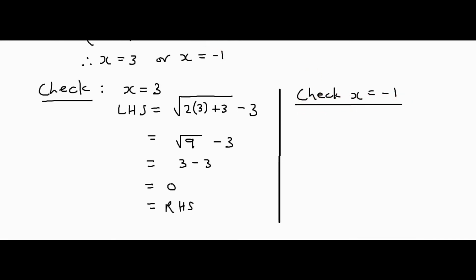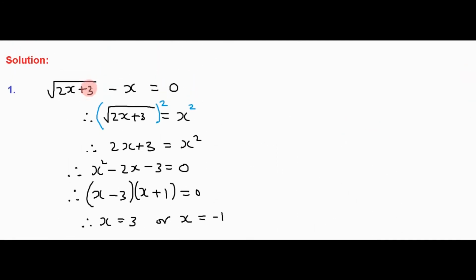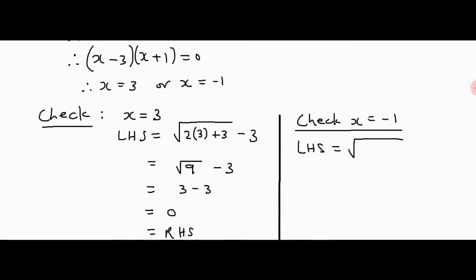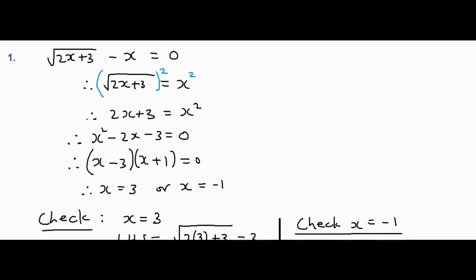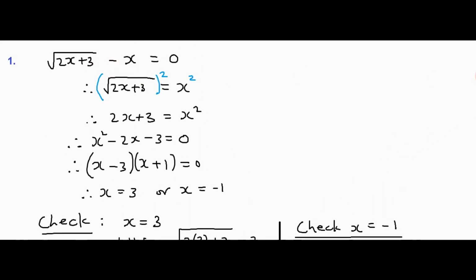And once again, we plug into the left-hand side of the original equation. So it's going to be, we had 2x plus 3 under the square root. So the square root of 2 times negative 1 plus 3. Then we had minus x.